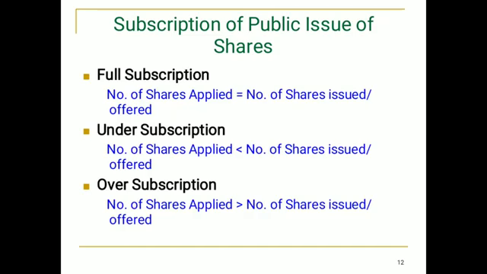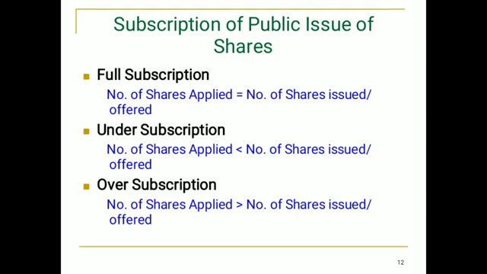Then comes over subscription. Number of shares applied is more than number of shares issued. Consider the same example in an opposite manner. I have issued 30,000 shares and the applications that I have received are 40,000.